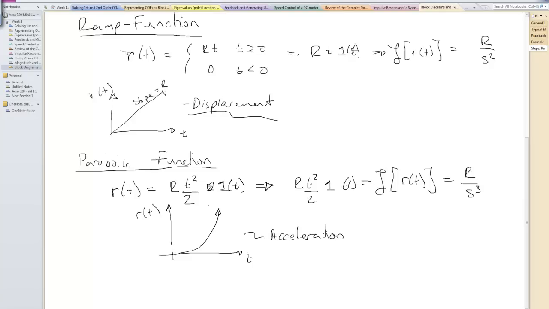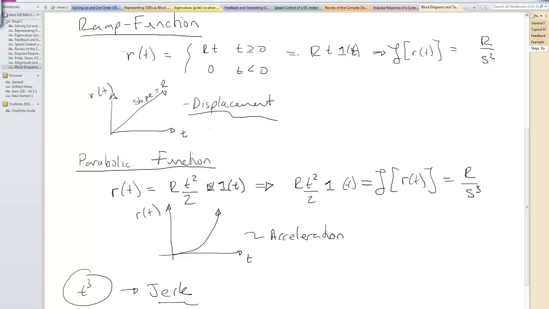And it's not a very typical function to use, but it is there. And there is the idea of a function that's like a t to the third, and this represents something like a jerk. If you're familiar with the idea of a jerk, it's a rate of change of acceleration. Again, not very typically used, but is there.